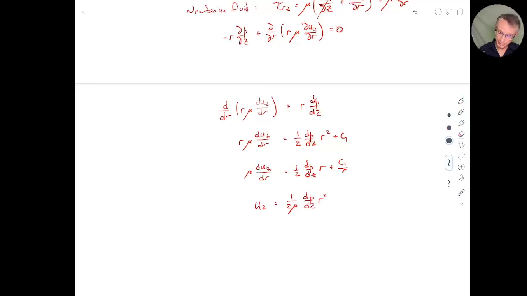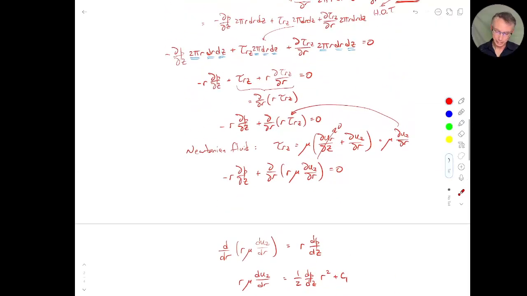Actually, when I integrate that, this should go to a 4 and not a 2. This will become a c1 over mu times a natural log of r plus a c2. So that's now what my velocity profile looks like. It looks a little strange. It's like a parabola with a natural log term in there with a couple of unknown constants that come in from our integration. So we're going to have to clean that up in a moment.